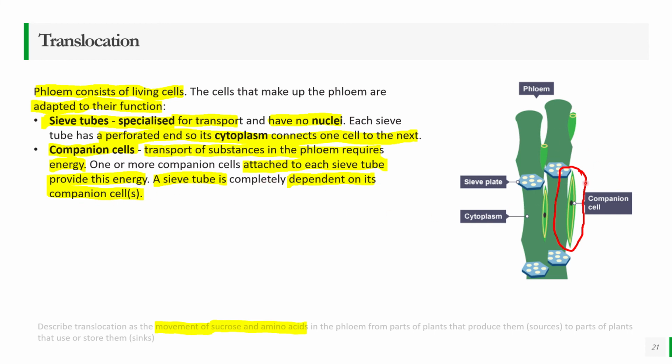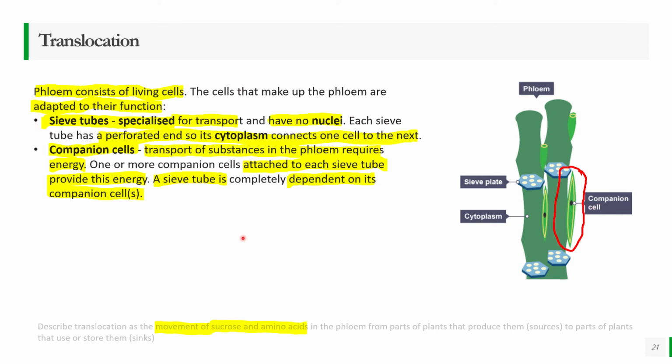Maksudnya di sini companion cells itu mesti ada for the food to be able to be moved through the phloem. Okay, so you can see the phloem is much more complex than the xylem vessels. Xylem vessels is basically a tube saja, macam hose. But this one, since your direction itu up and down, so you have to have something that controls that direction, and that will be the companion cells.